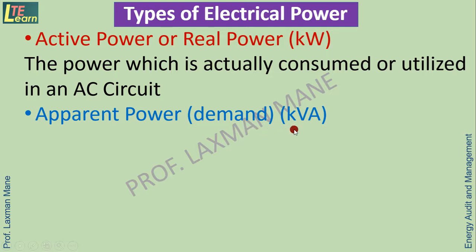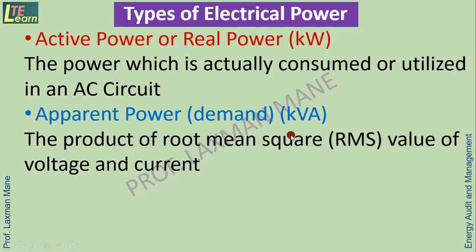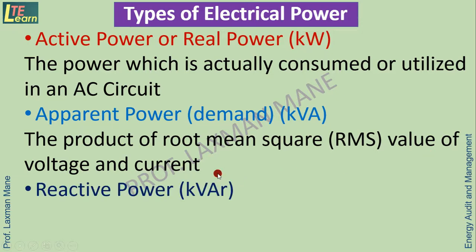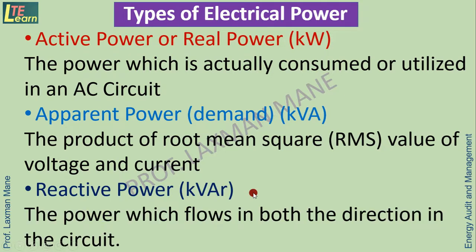It is measured in kilovolt ampere. This is the product of root mean square, that is RMS, value of voltage and current. Reactive power, that is kVAR, is the power which flows in both directions in the circuit.